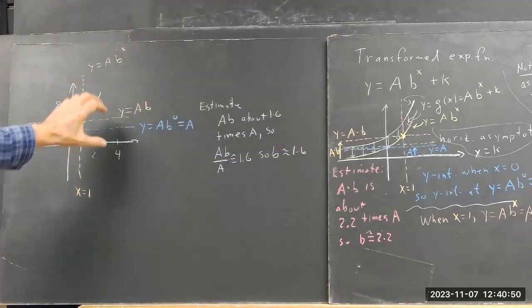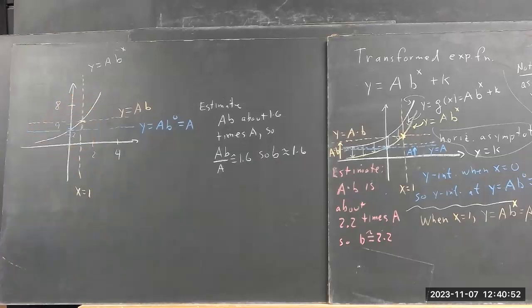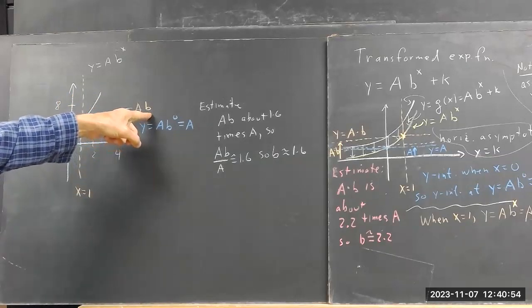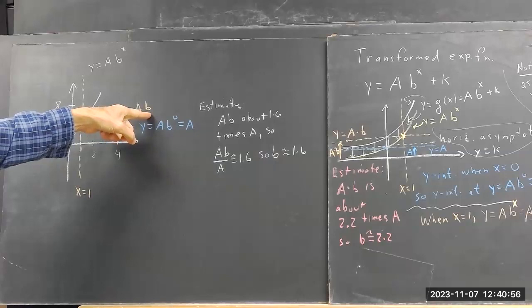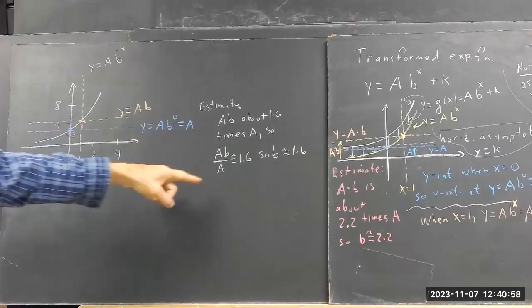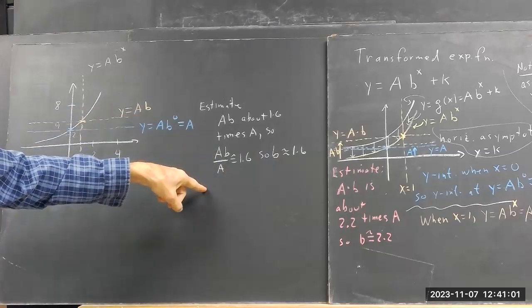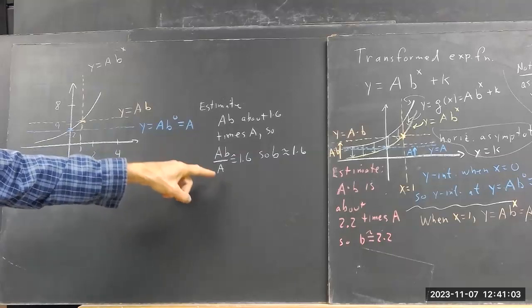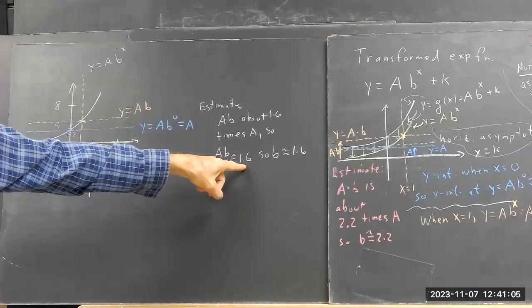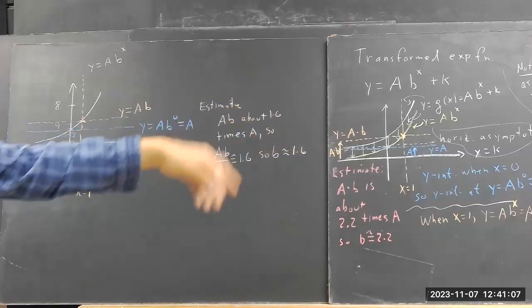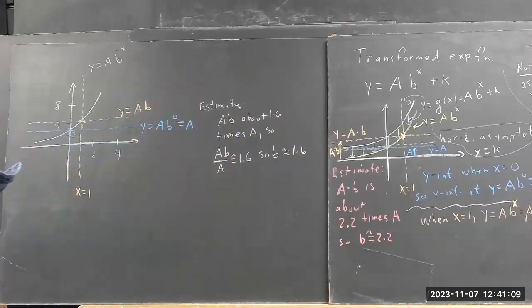So the only way a times b is going to be 1.6 times as big as a is if b is 1.6, right? And that's common sense. You don't even need an equation to do that, but we can say this: if this is 1.6 times as big as this, then when you divide them, you get 1.6, and b is 1.6. Here's an algebraic solution. One way or another, though, you got to estimate.